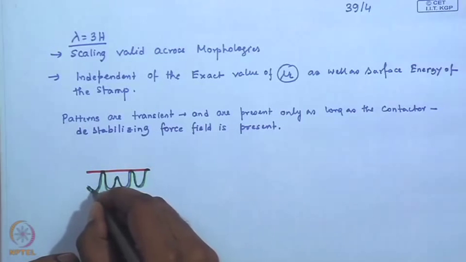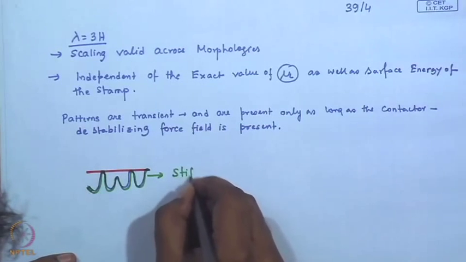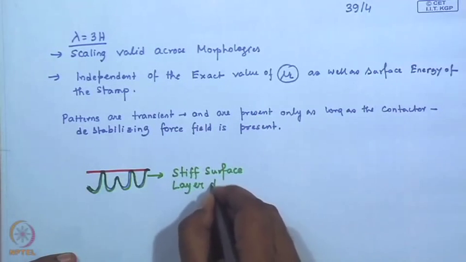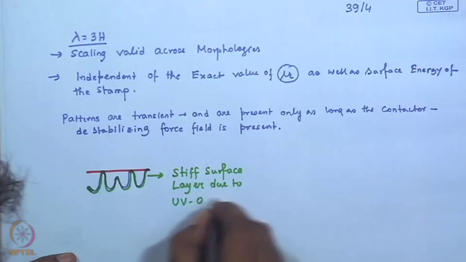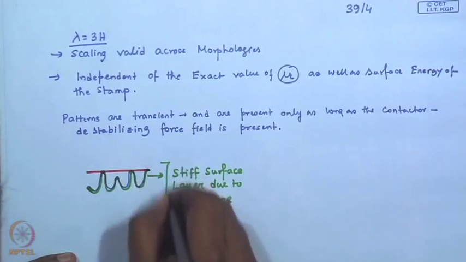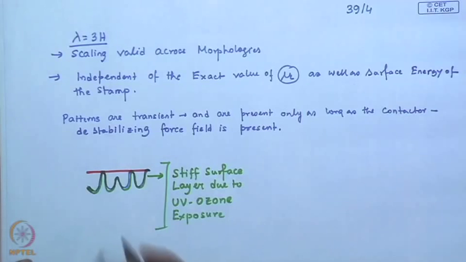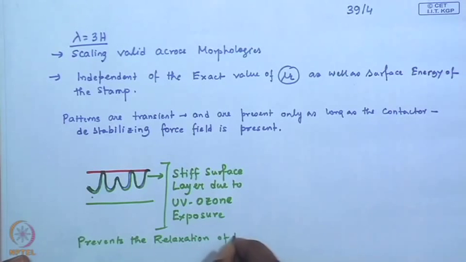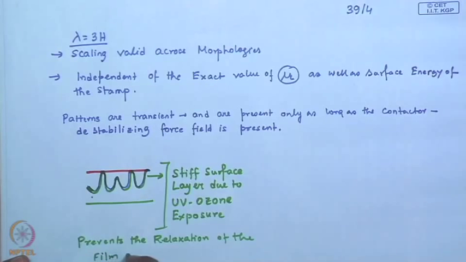And this stiff surface layer now prevents the relaxation of the film once the contactor is withdrawn.